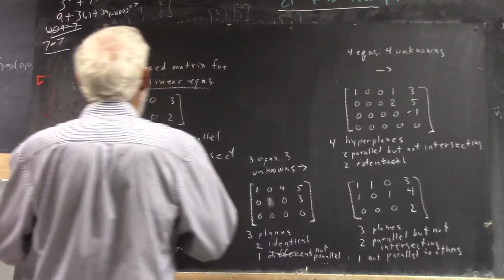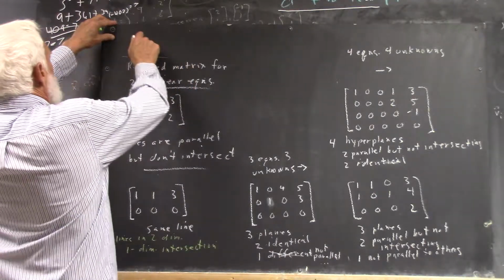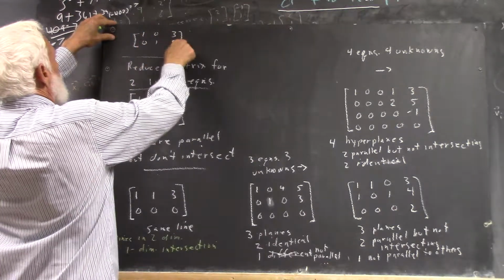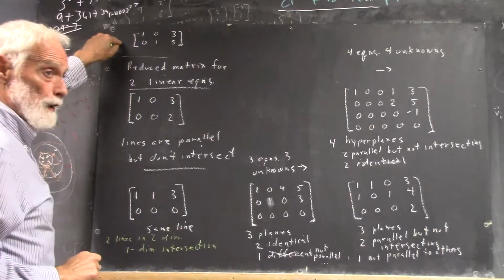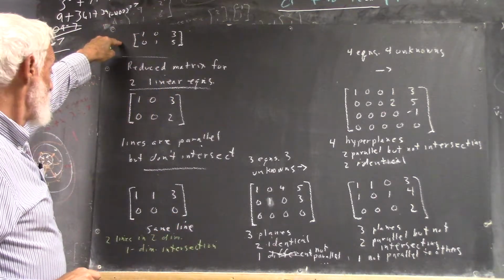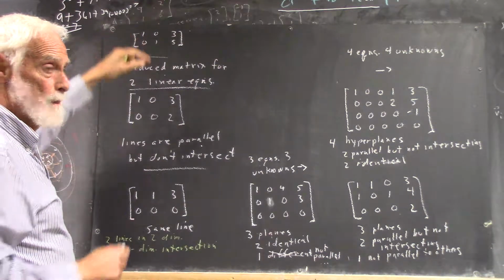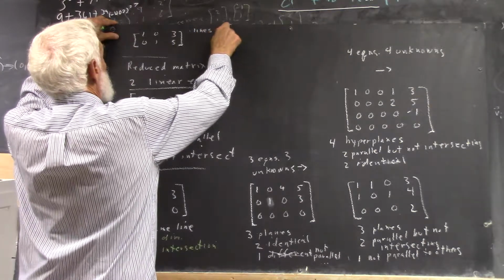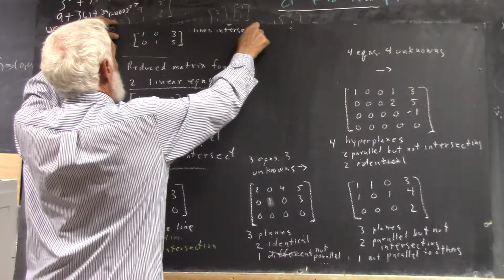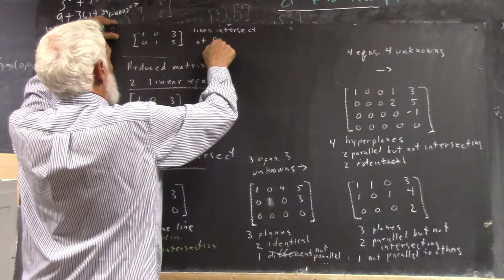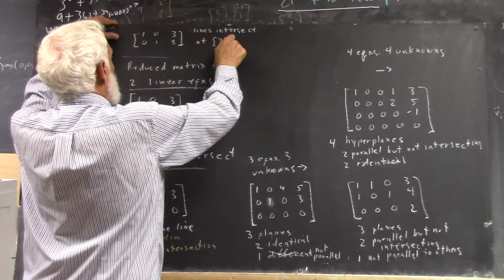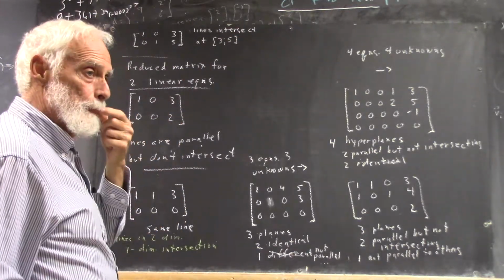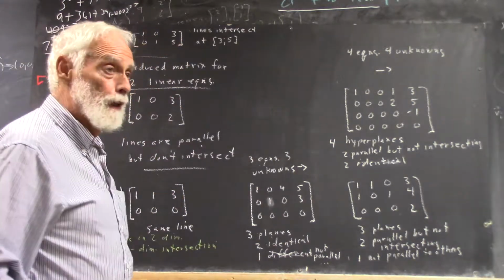Now, if we have this, what's that tell us? Intersect at one point. Yeah, this tells us the lines intersect at the column vector 3, 5.